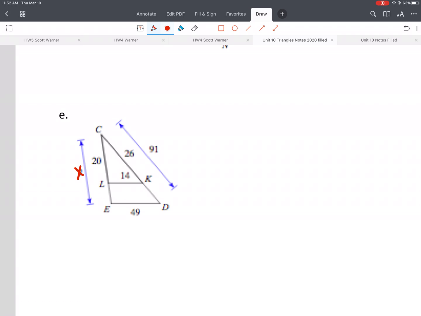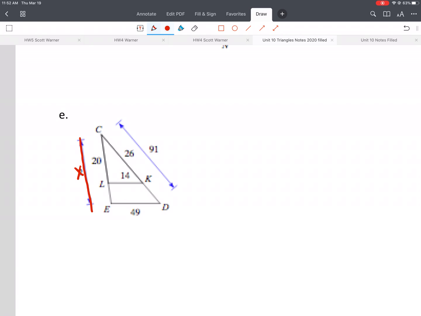Okay, but we want to find this side. When they're on top of each other like that, we don't need a similarity statement because, I guess they kind of need to say that these are parallel or something like that. But we're just assuming that they are.